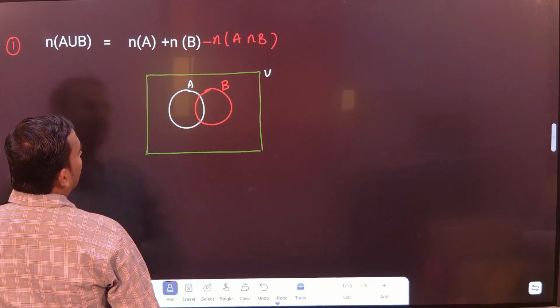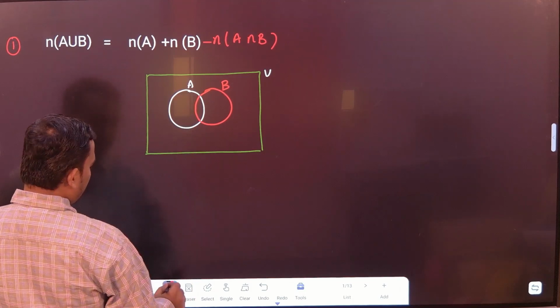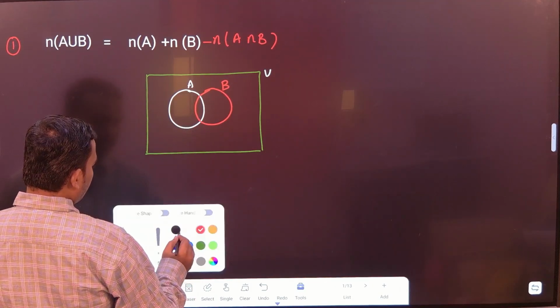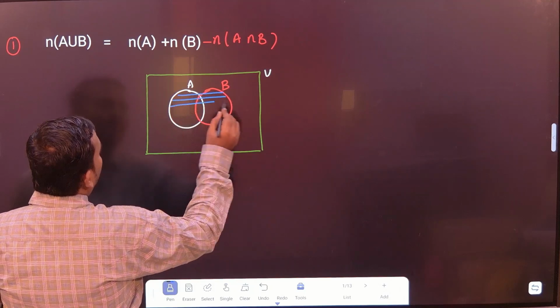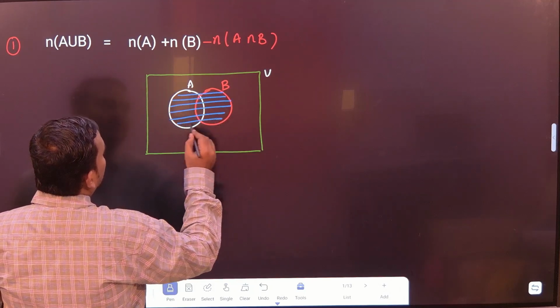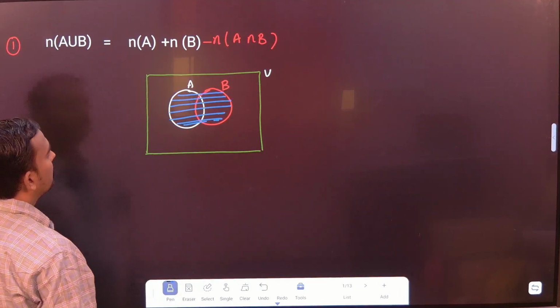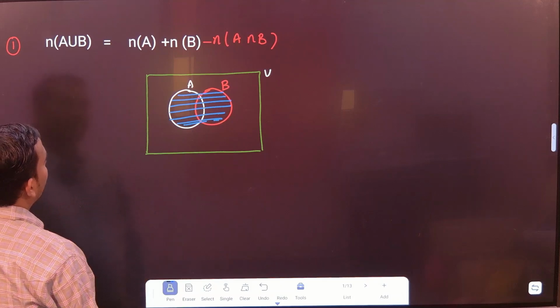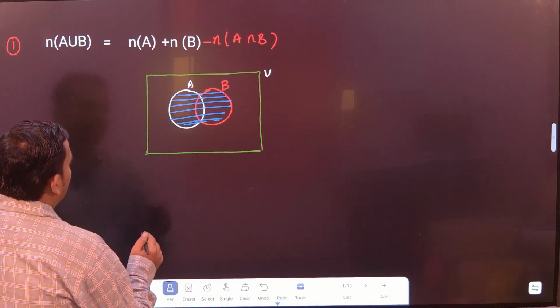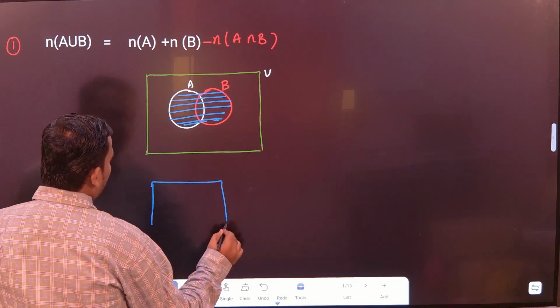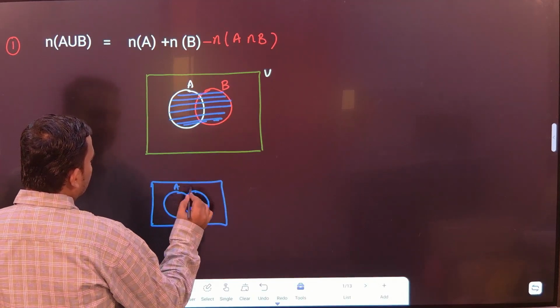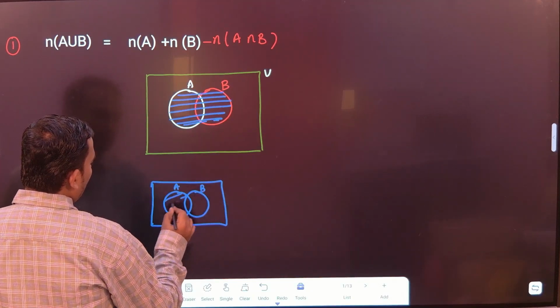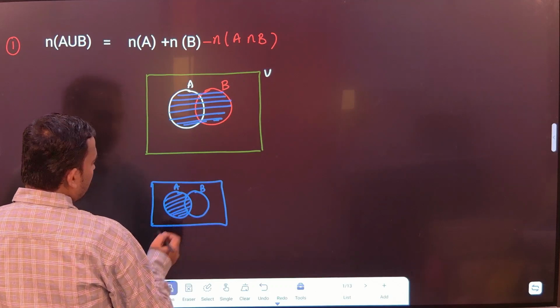So how to write it equivalently? First you can write the shaded region. This is your A union B, right? First I am collecting all A, right? All A means this portion.